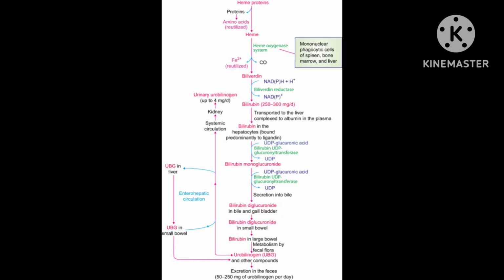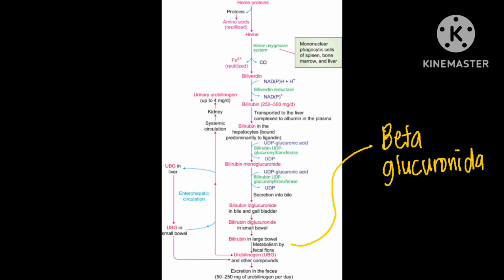And from there, in the small intestine, class, the conjugated bilirubin undergoes further transformations by our bacterial enzymes. So, the beta-glucuronidase produced by our intestinal flora hydrolyzes bilirubin diglucuronide back to unconjugated bilirubin, which is then subsequently reduced by anaerobic bacteria to form urobilinogen.